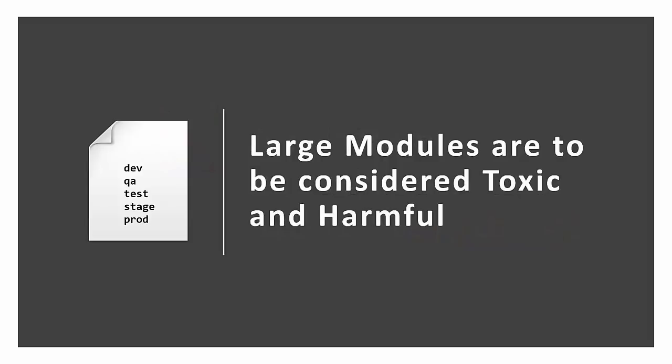So in essence, we will treat and consider large modules of infrastructure as toxic and harmful. They are fine to get the concepts of samples to grab out of, but that's where it ends. This is not production class infrastructure.